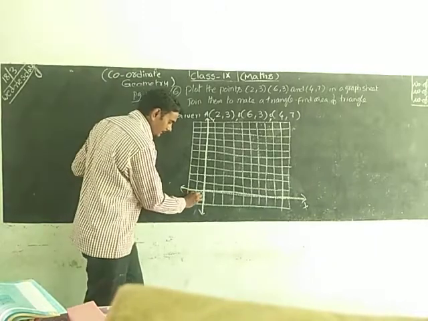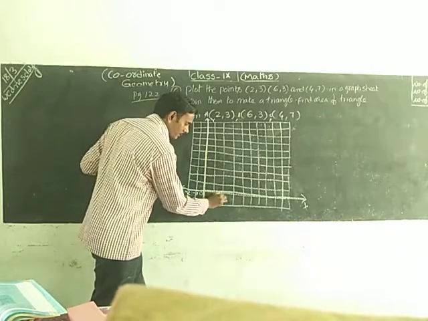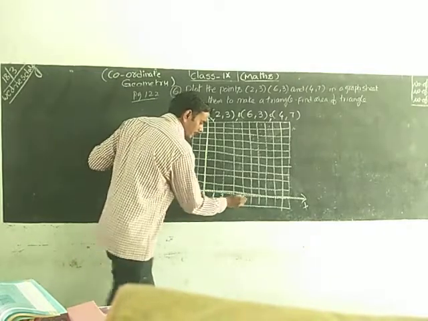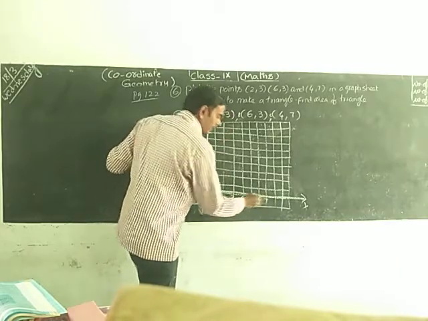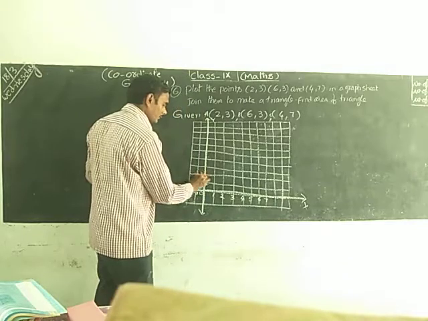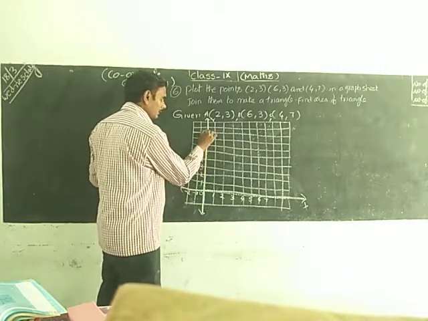This is -1, this is -2. 1, 2, 3, 4, 5, 6, 7. And this is 1, 2, 3, 4, 5, 6, 7, 8.